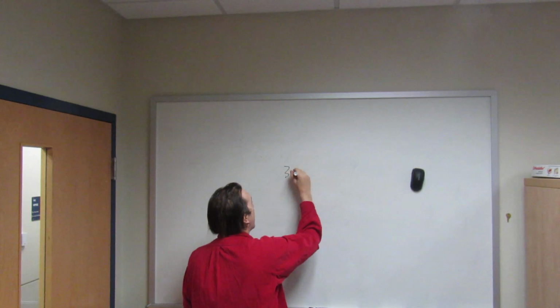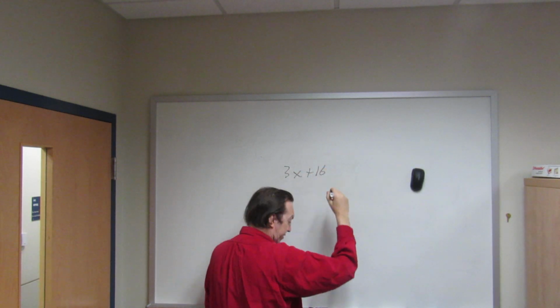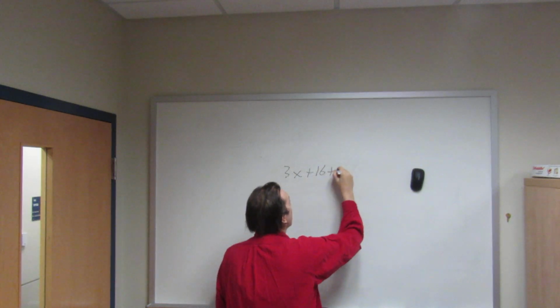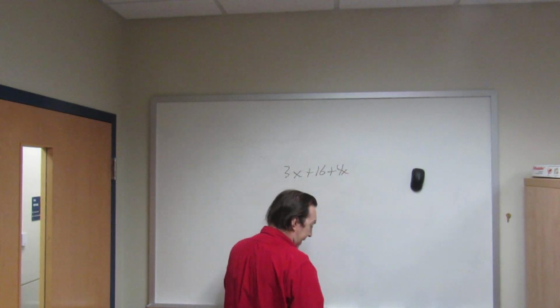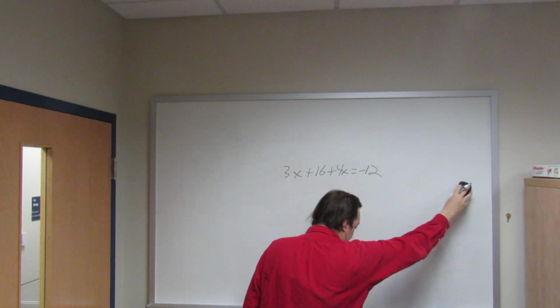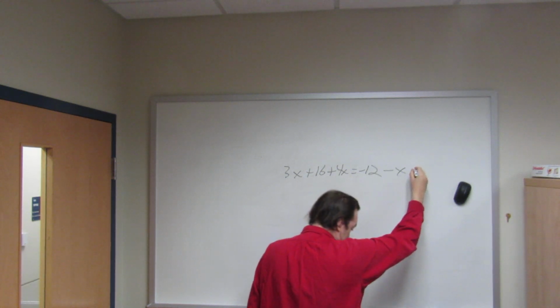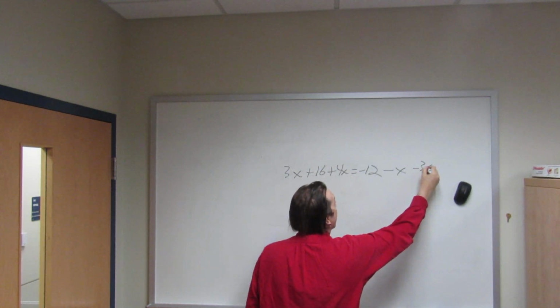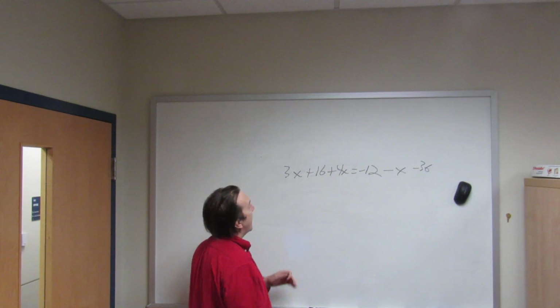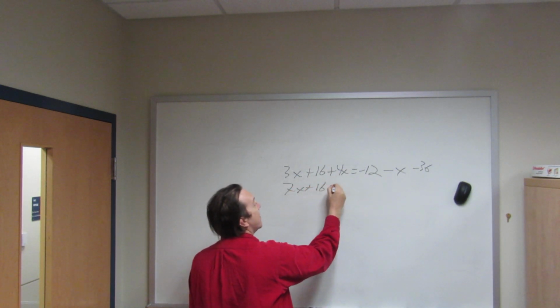And then 3x plus 16 plus 4x equals negative 12 minus x minus 36. Combine like terms on this side, you'll get 7x plus 16.